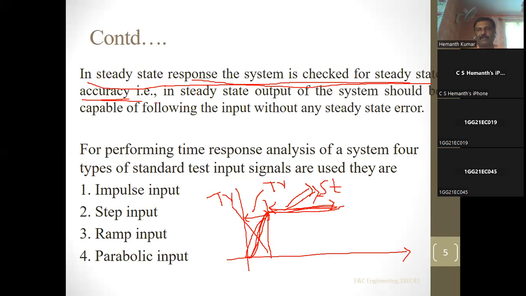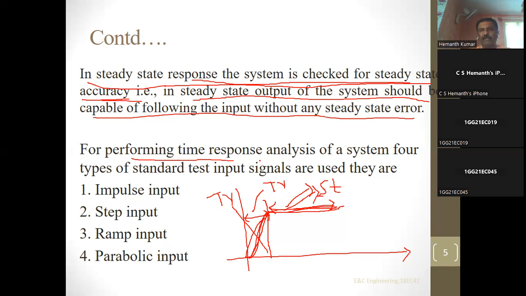Now, in the steady state response, the system is checked for steady state accuracy. That means in steady state, the output of the system should be capable of following the input without any steady state error. That means the gain is maximum. These are the differences between the two kinds of responses, transient response and steady state response.